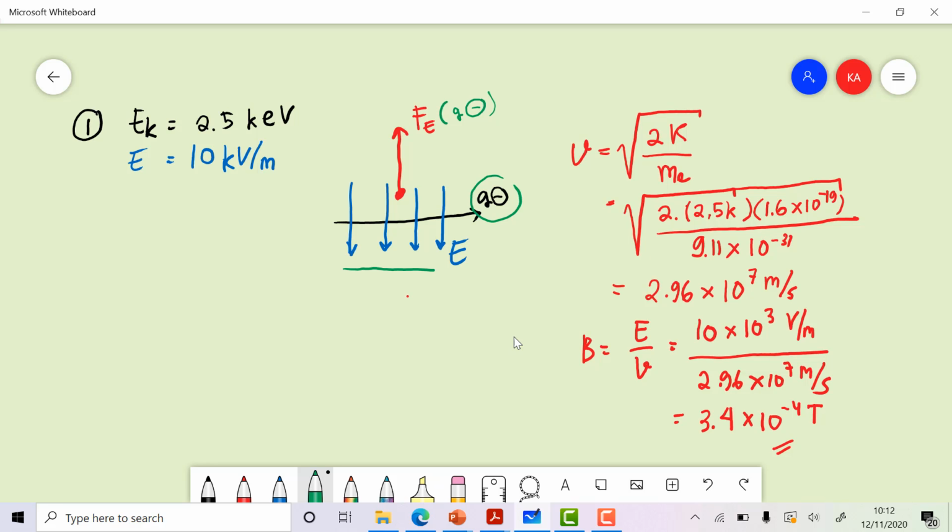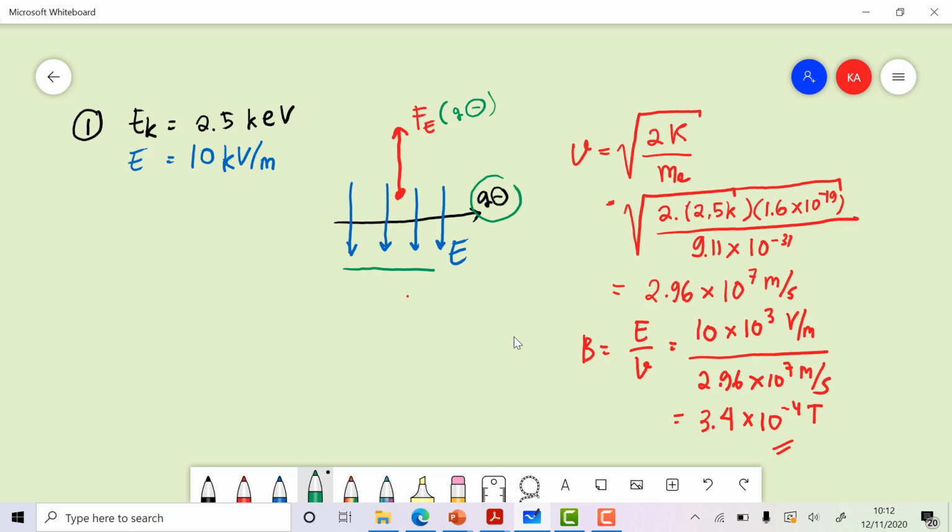For a positive charge, the electric force direction is similar to the electric field direction, but for a negative charge, the electric force direction is opposite to the electric field. So Fe is in the y positive direction.